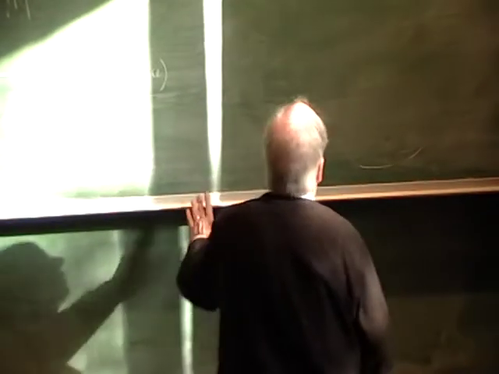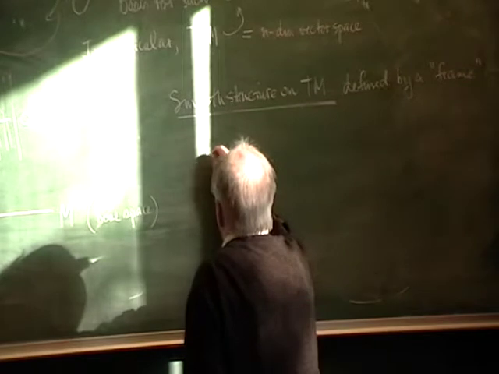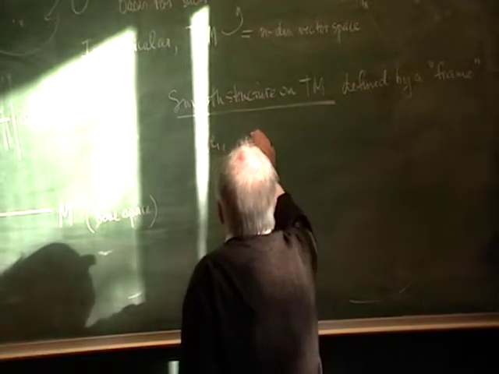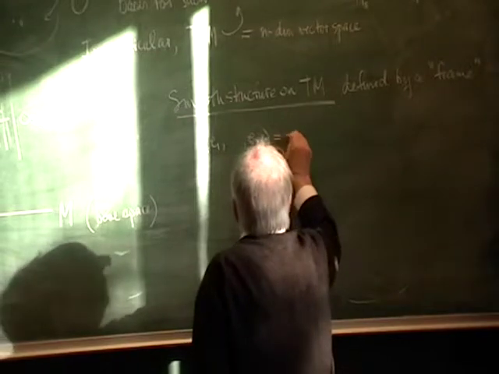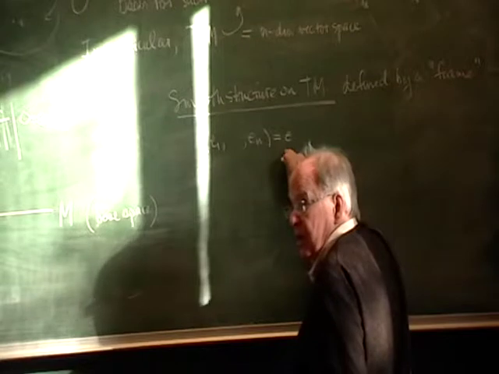So, defined by a smooth frame. It's just a basis of vector fields E1 through En. Sometimes in text I make that heavy to indicate that's a frame.